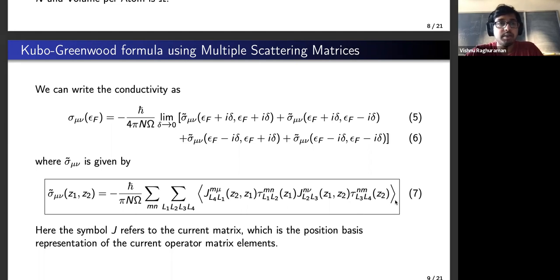Now we still need to deal with this ensemble average, because we are now in the CPA regime, and in CPA you don't really deal with configurations anymore. You deal with an effective medium. So you need to re-express this in terms of tau CPA matrices.